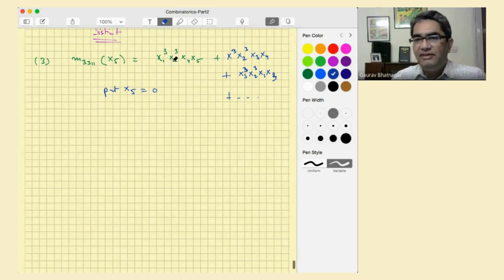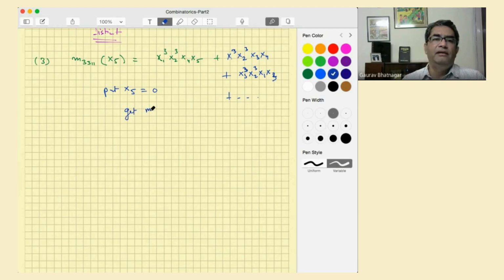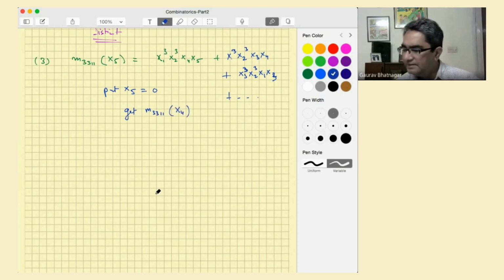All terms which have x5 will vanish, but all the other terms will still stay there. And the other terms will be part of, so if you put x5 equal to 0, you will still get M3311 in x1 to x4. And this is something which will be very useful to us also. Is that clear now? What is a monomial symmetric function?